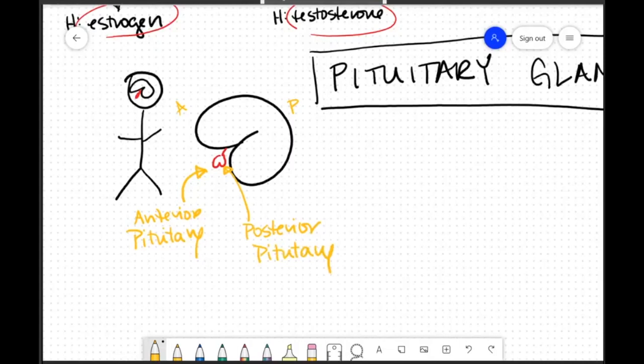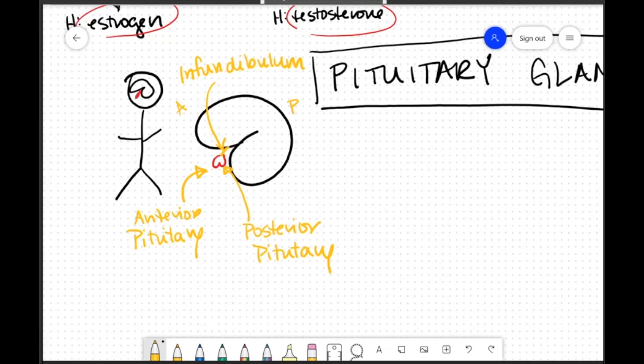When you look at them underneath the microscope, they have vastly different appearances, which is very interesting. There is this tiny little stalk right here that comes off the brain, and this is going to be called your infundibulum. It's a fun word, infundibulum. And that is a little stalk that connects the brain to that pituitary gland.